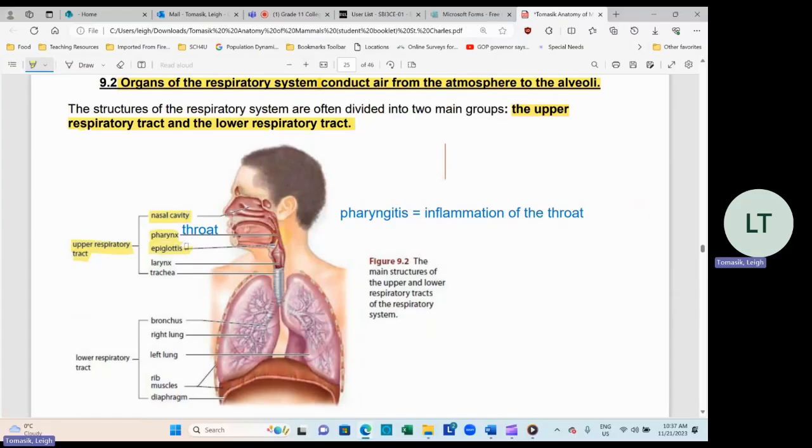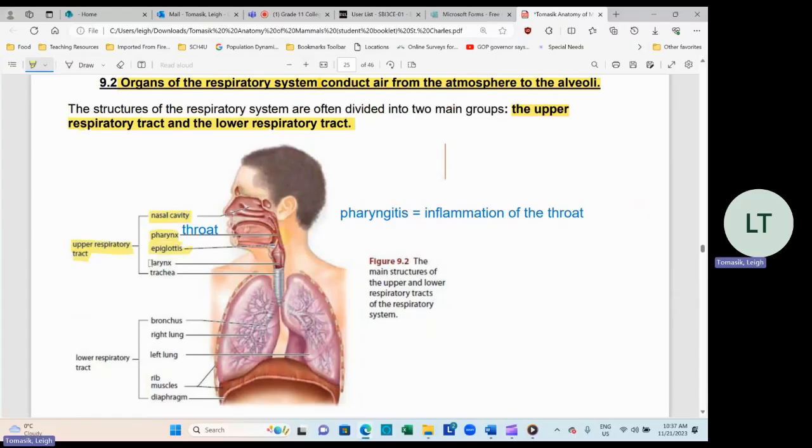And if it doesn't do its job correctly, right? If it's too slow or it doesn't shut for some reason, you can choke. Right? That's what choking is: food has gone down your airway and your lungs are trying to force air to remove the blockage. But normally it doesn't have to do that because of the epiglottis.